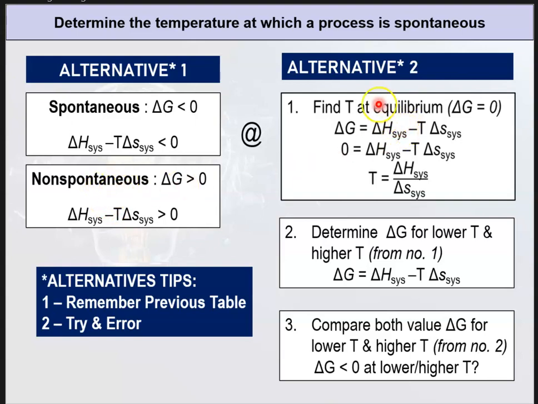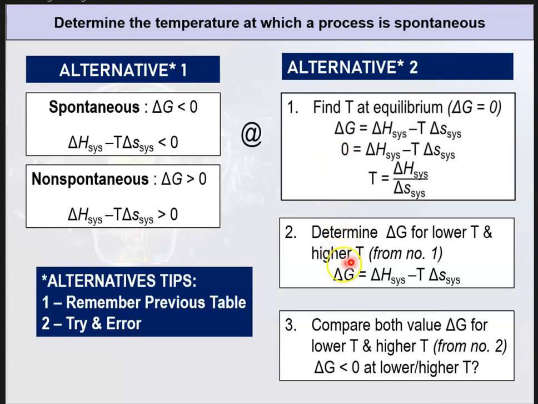For method 2, or alternative 2, first we find the temperature at equilibrium, where delta G is equal to 0. So we put delta G as 0 and find what the temperature is. Arrange back this equation, find the temperature that gives delta G equal to 0.